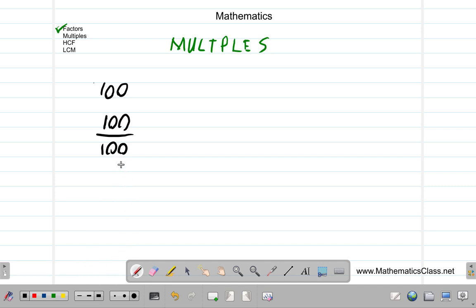That means a multiple of 100 is 100 itself. In fact, we'll make a note that every number is always a multiple of itself. You see that?